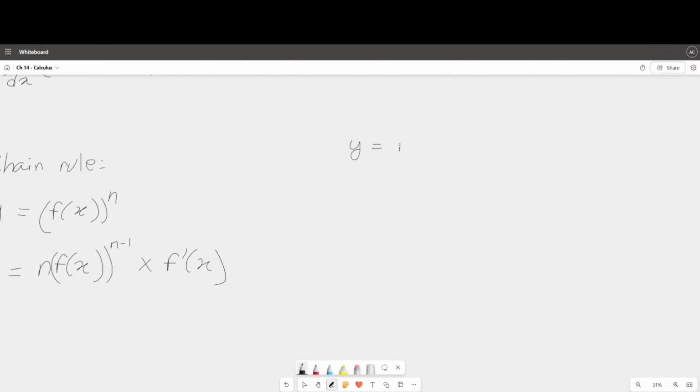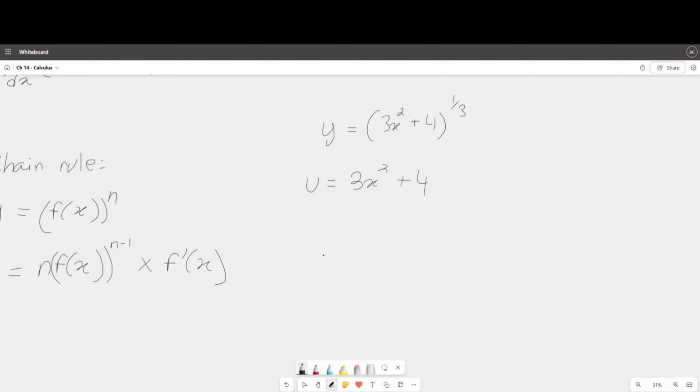The chain rule is actually more like this. If we're given some y is equal to f of x, we can use an example from the syllabus. Given y is equal to 3x squared plus 4 to the power 1 by 3, we take u to be that inside part, f of x.